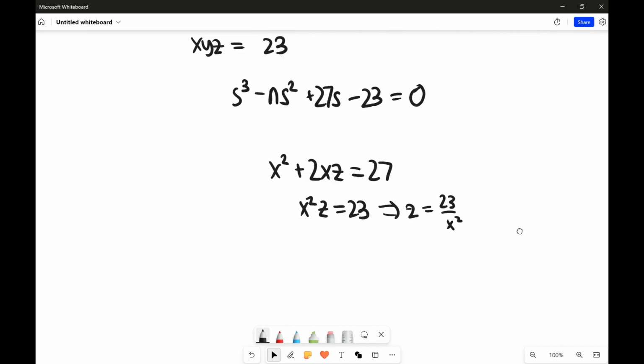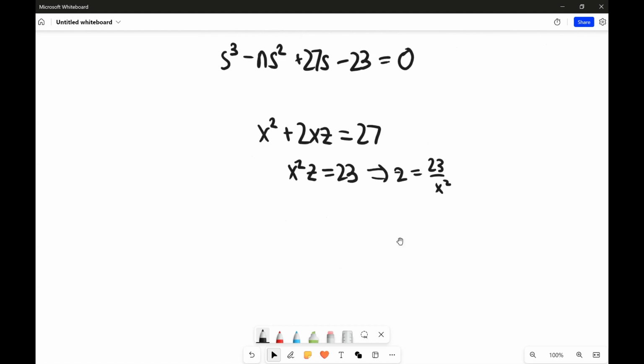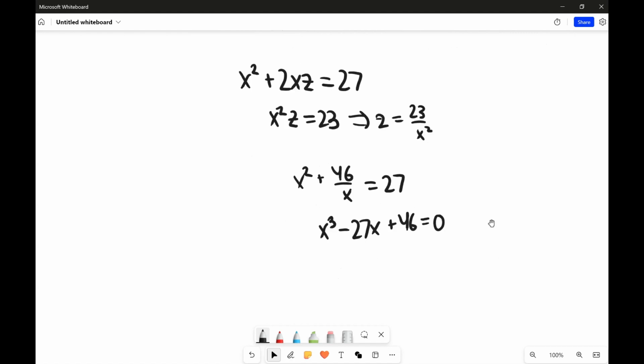And plugging into this equation here, we get x squared plus 46 over x is equal to 27. And multiplying both sides by x and simplifying, we get x cubed minus 27x plus 46 is equal to 0. This is a cubic in x with integer coefficients, so we can only pray that there is a rational solution.